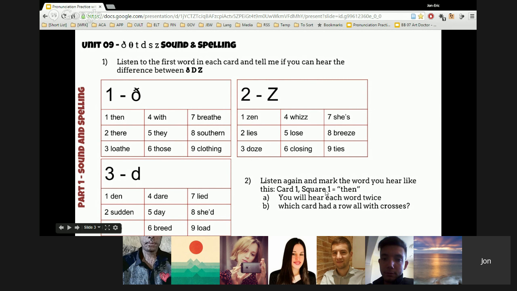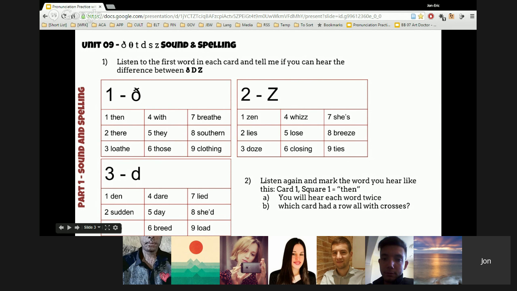You are correct. Exactly. So, in card number 3, the D card was the last to have all the words crossed out. It was the very last. Also, card number 2, the Z card, had the first row of crosses.